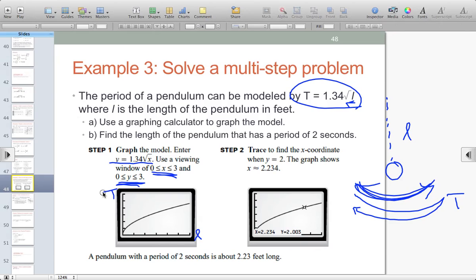So we want to trace our graph until we get to a T value of 2 seconds, then look at the corresponding x value to tell us the dimension. How long was this? We can see from our example, it's approximately 2.23 feet long.